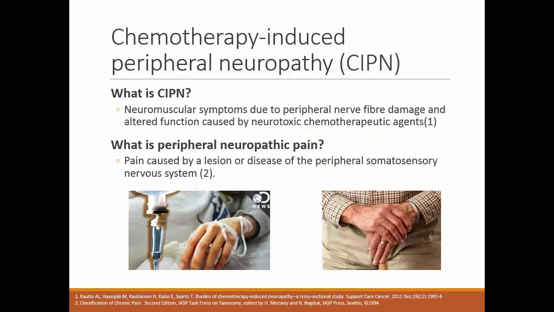So CIPN is a set of primarily sensory but also motor and autonomic symptoms due to peripheral nerve fibre damage and altered function caused by neurotoxic chemotherapeutic agents. And peripheral neuropathic pain is pain caused by a lesion or disease, or in the case of this presentation, chemotherapy, to the peripheral somatosensory system. So that gives you a basic understanding of what we're going to talk about.